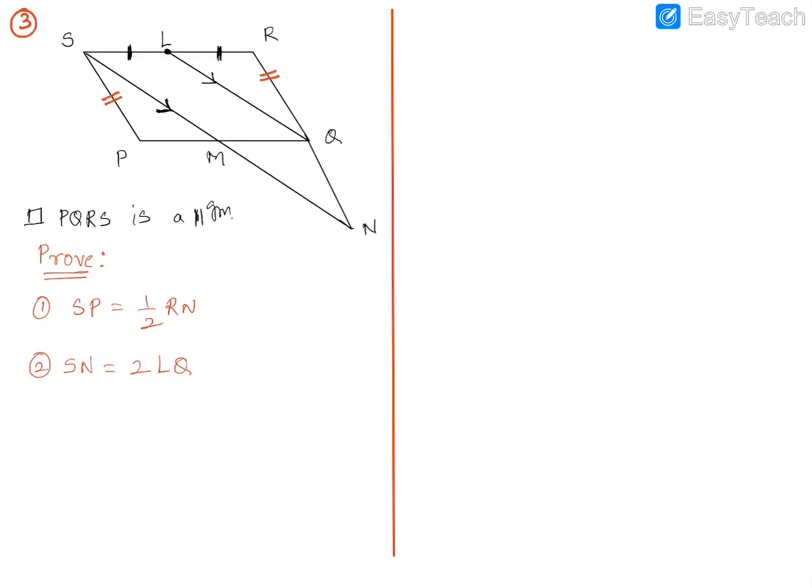That if you draw a line which is parallel to the base, and what is the base out here? SN is the base. L is a midpoint. So if I'm drawing a line parallel to the base SN, then the line where it meets RN, it will meet at its midpoint.